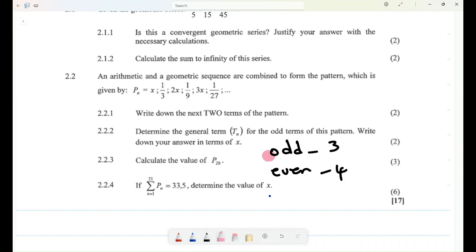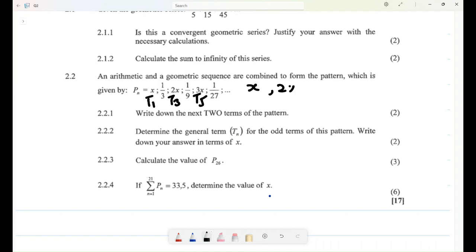So odd terms are 1, 3, 5, 7, 9, and so on, and even terms are 2, 4, 6, and so on. So the odd terms are term number 1, term number 3, term number 5, term number 7, term number 9. Now, determine the general term for the odd terms. They tell you to write down your answer in terms of x, a clue here. So remember your pattern: it is x, 2x, 3x.